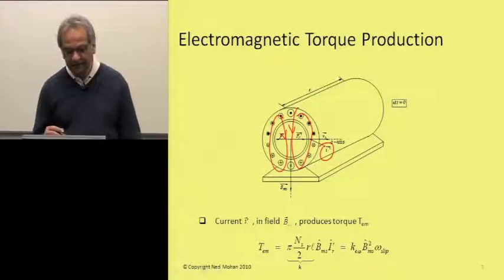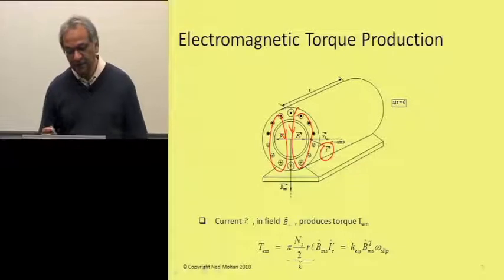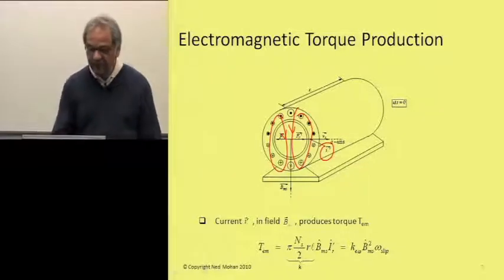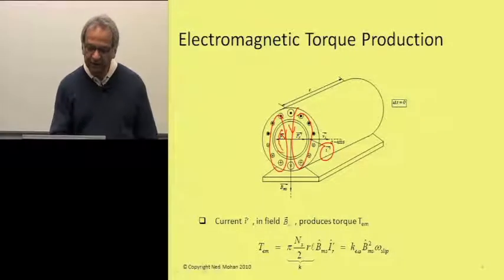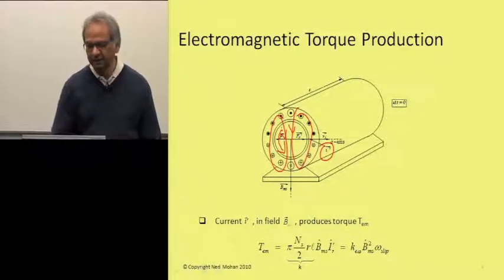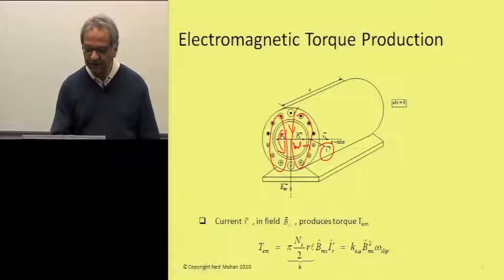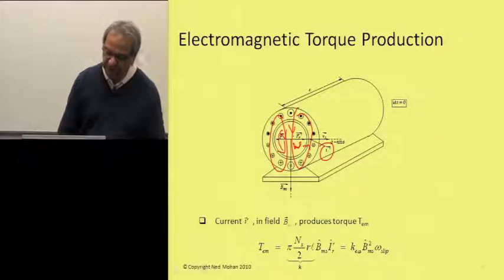There's a torque produced on this hypothetical winding, which will be in the clockwise direction, as you can see, but equal and opposite torque is produced in the rotor, which will be in a counterclockwise direction. And that's in the motoring mode. This is also the rotational direction at speed omega m.